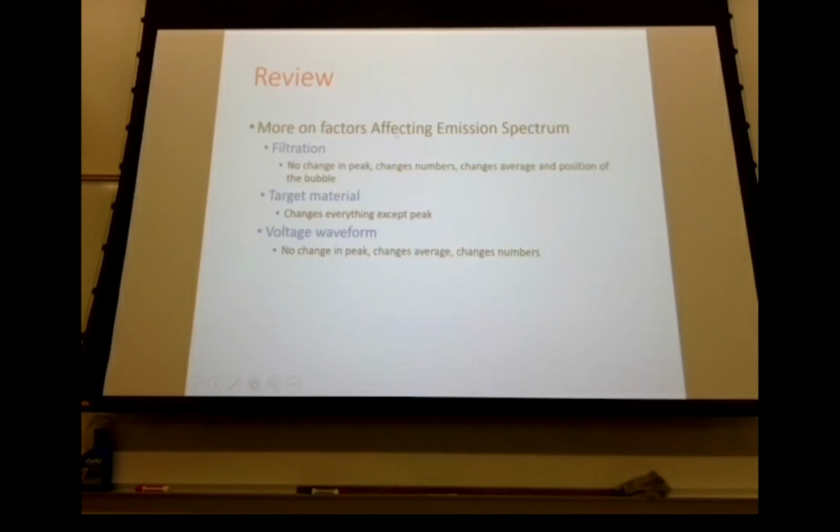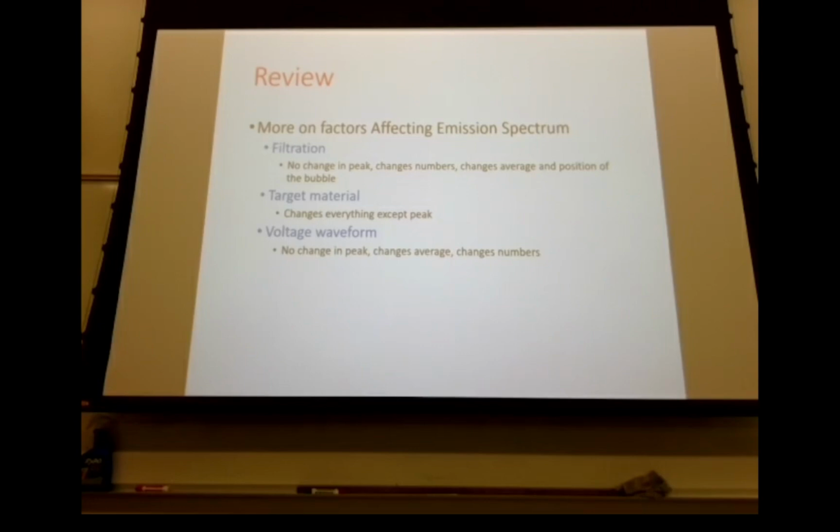So filtration has no change in peak, it just changes the numbers, it changes the average and pushes it towards the high energy side. If we have a perfect technique and we add filtration, we're going to have to increase something to compensate for those X-ray photons we lost. So with the filtration, if it already pushes everything towards the high energy side, increasing the likelihood that we're going to have scatter radiation at the image receptor, what technical factor do you think that we would change if we had filtration?